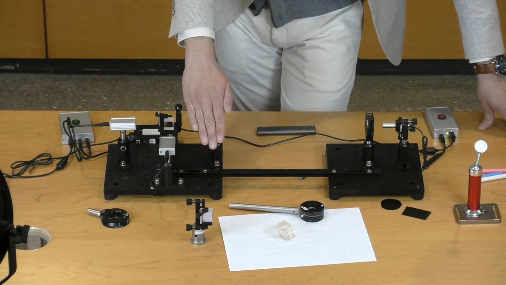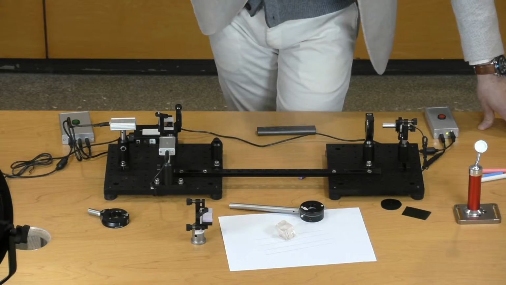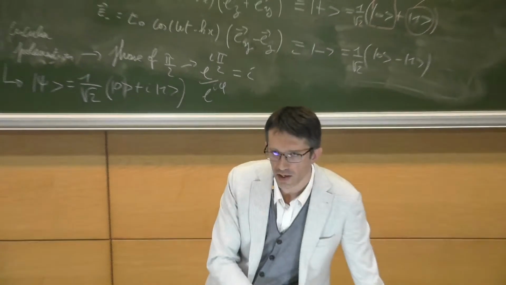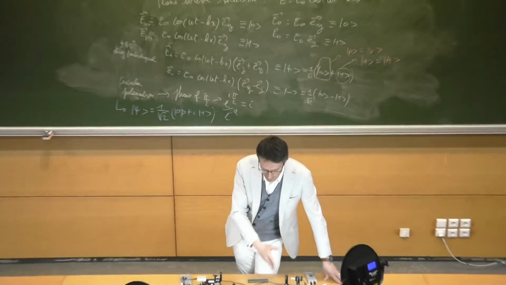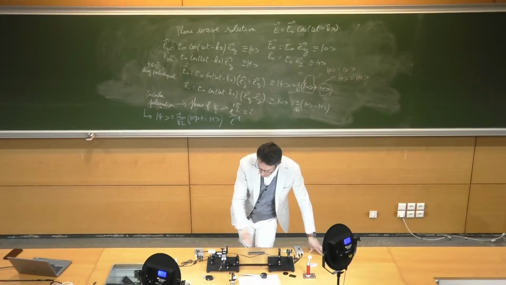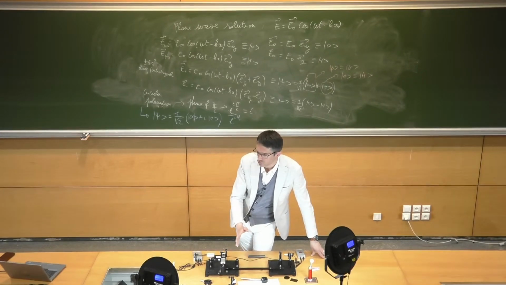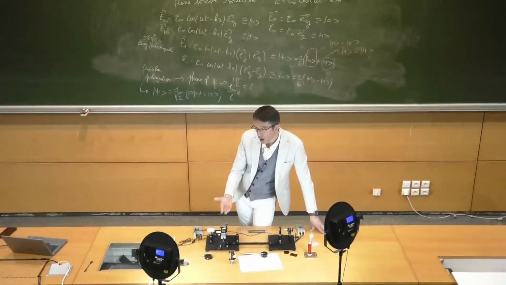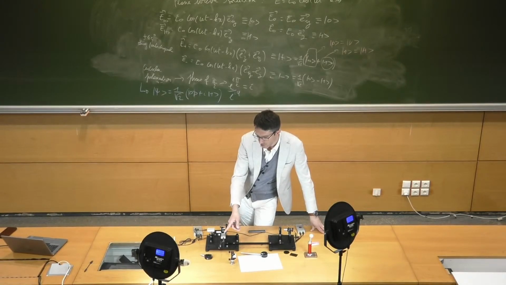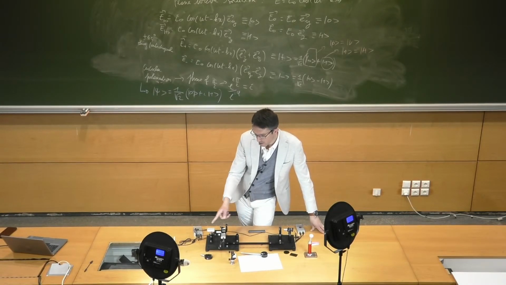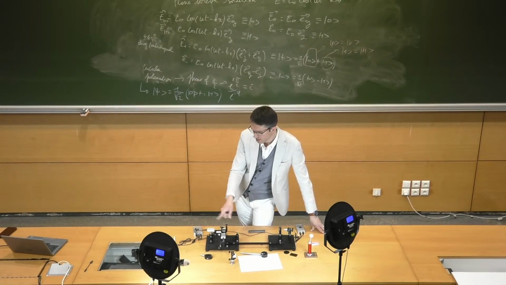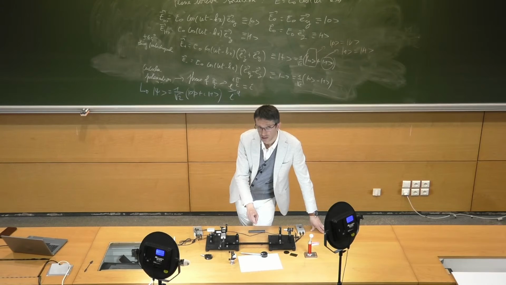If I were at the single photon level, which I'm not here, but this is mimicking it, let's assume that every time I press that button, the light pulse has only one photon. Then randomly, or half of the time, I should get an answer here, and next time maybe here, and so on. So I should have an equal probability of these detectors clicking for one given photon impinging on this polarizing beam splitter.